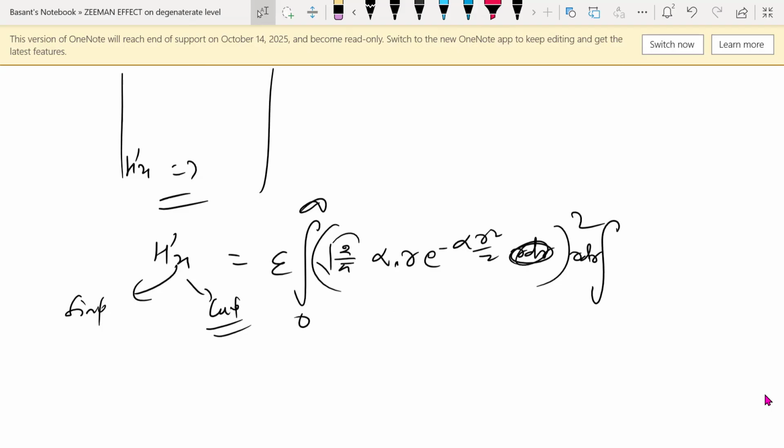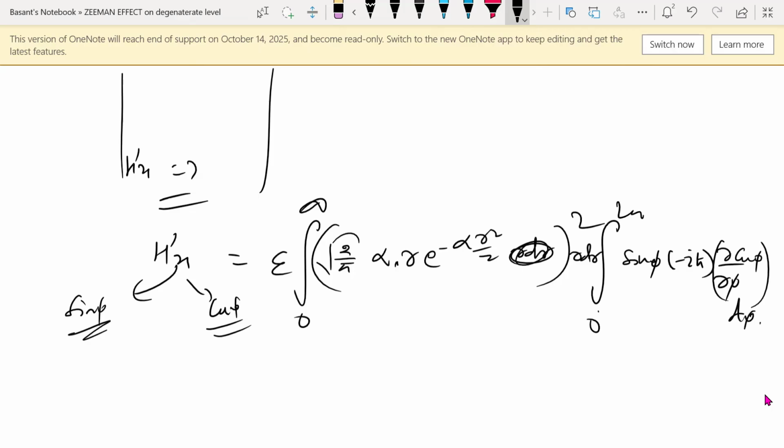Okay, so the phi term is here: sine phi, minus i h-bar, differentiation del by del phi, and that is for cos phi. Now this is d phi from 0 to 2 pi.